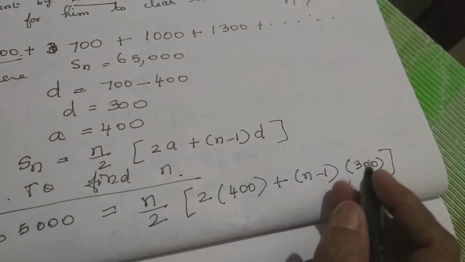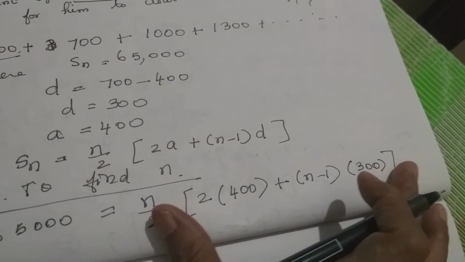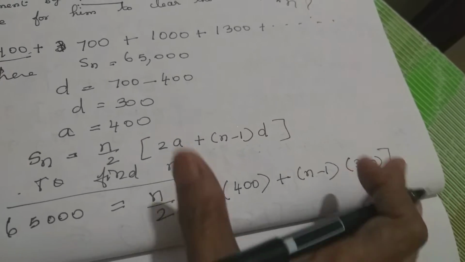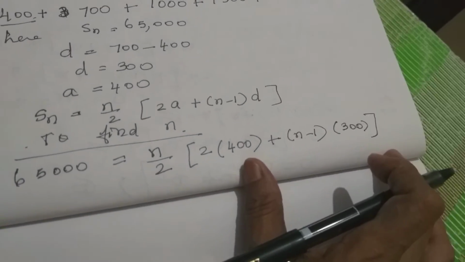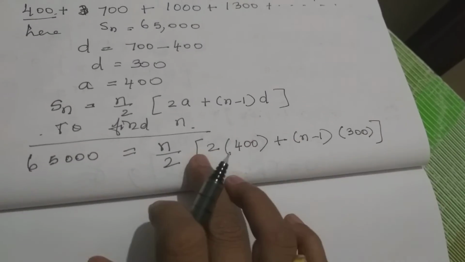Now we'll interchange the sides. In mathematics, we can interchange LHS and RHS fully without changing any sign; there is nothing wrong in this basic concept. It will be convenient for us to find n, the only unknown.